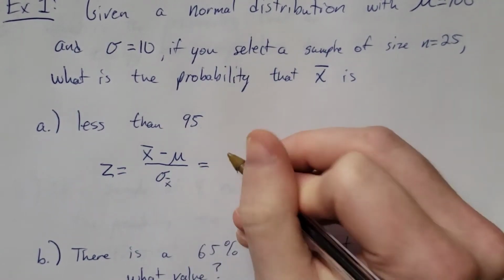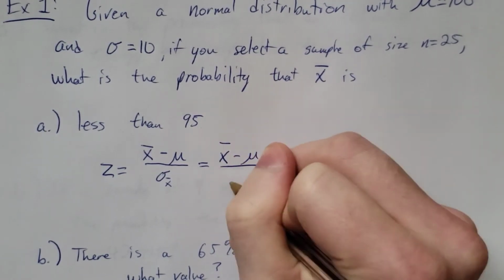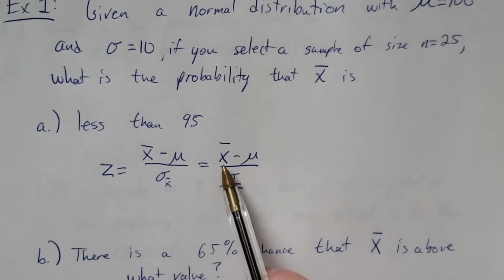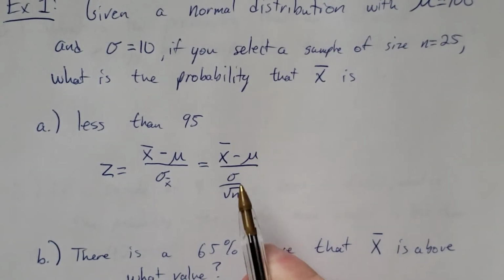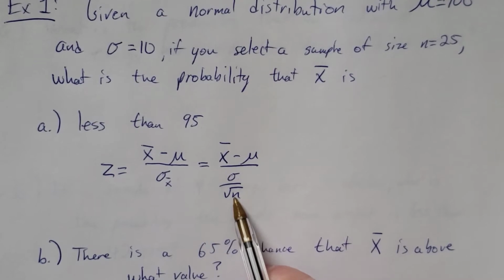So this is equal to the sample mean minus the population mean divided by the standard deviation of the population divided by the square root of your sample size.